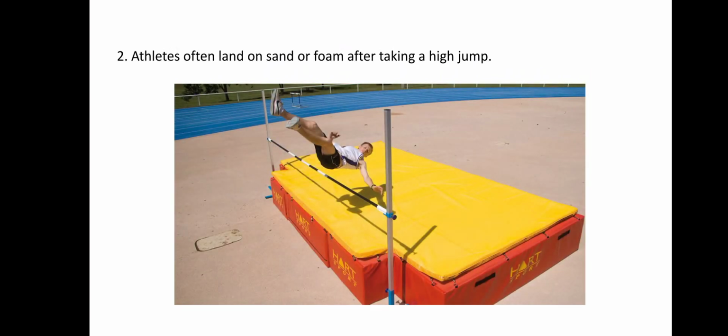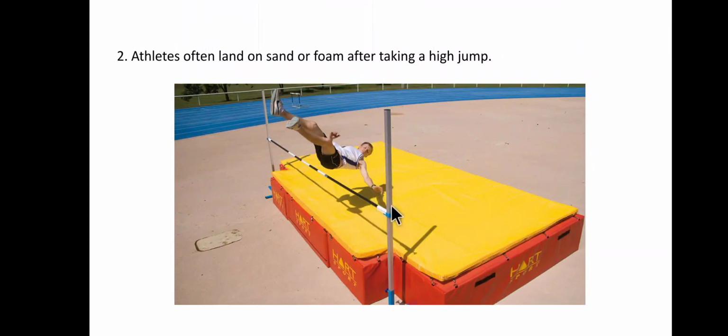Number two is, athletes often land on sand or foam after taking a high jump. So in order to decrease the impact, the force has to be less. If the force is decreased, then the time duration has to increase.